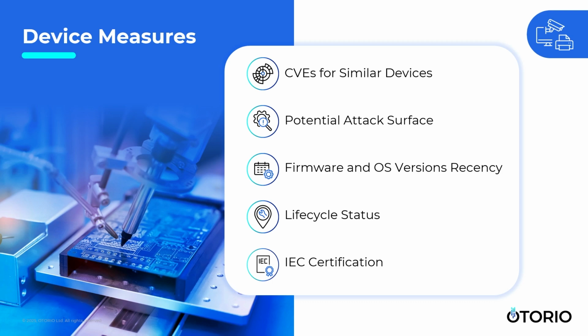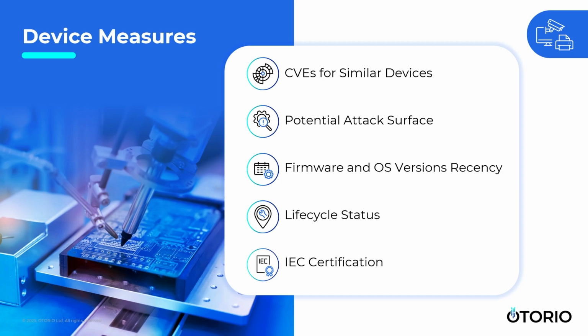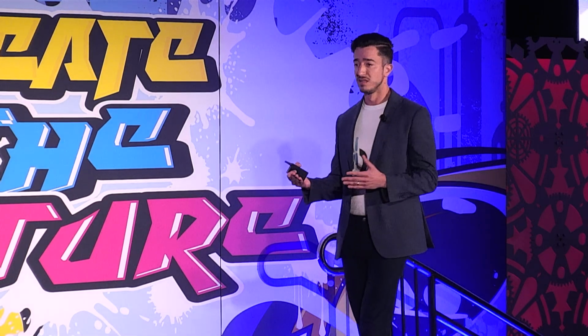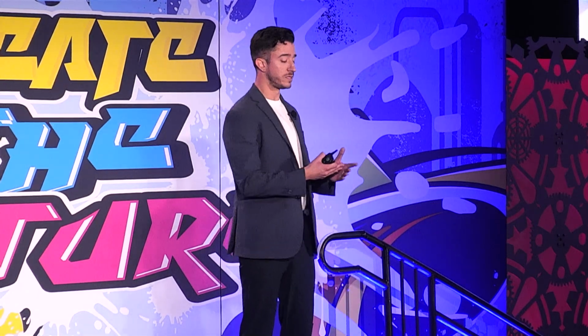Potential attack surface means whether there are multiple security configurations that could be introduced to this asset, from passwords to authentication to different types of ports being opened and things like that. The third one, firmware and OS versions recency. So how recently the vendor released different types of updates for this specific solution.